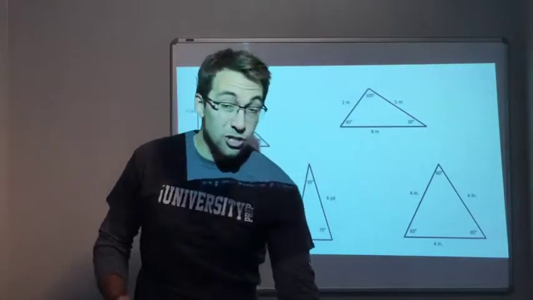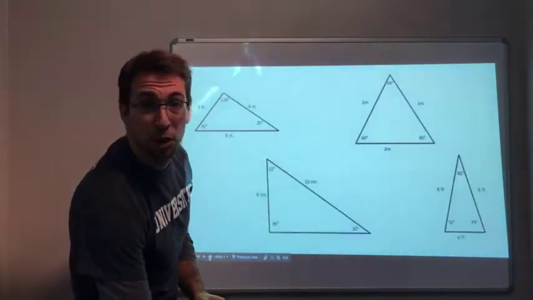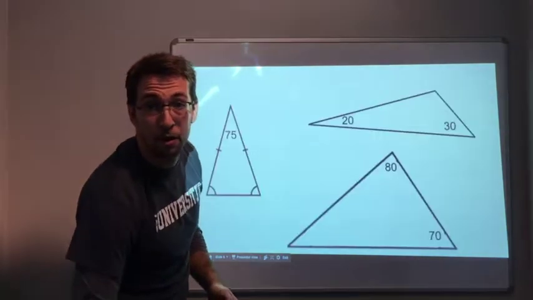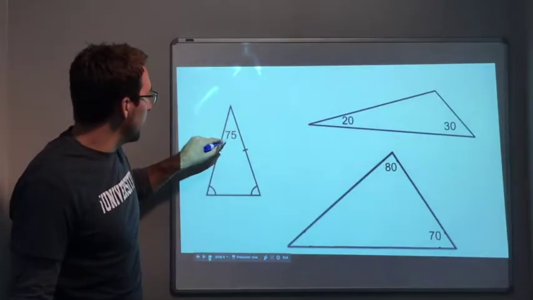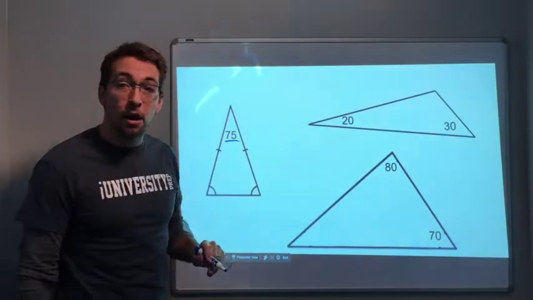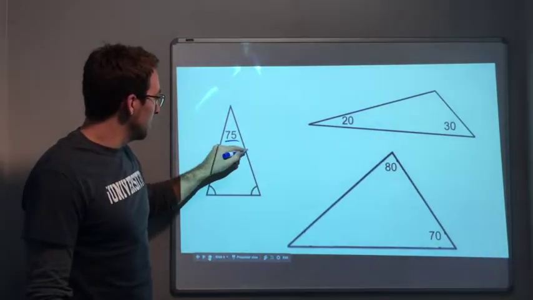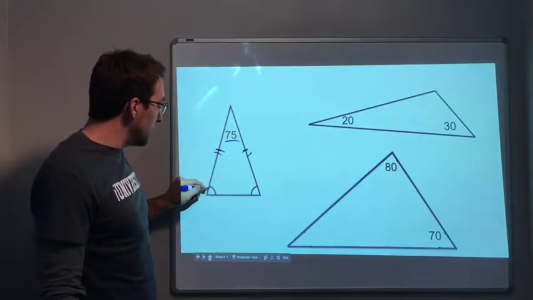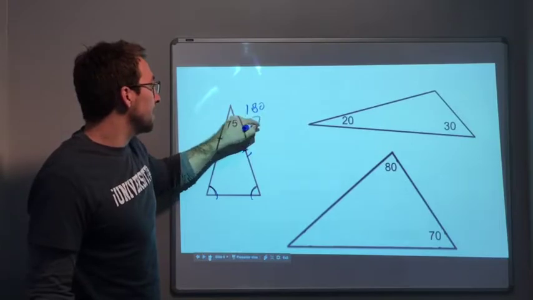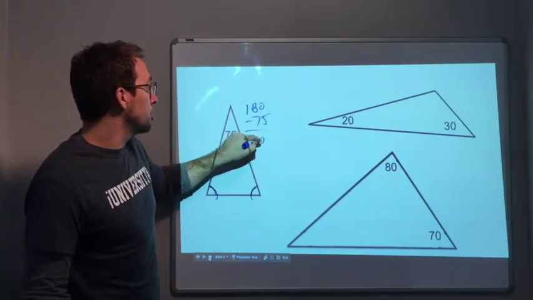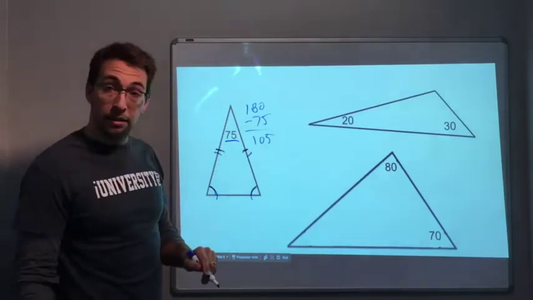So that's a cool thing when you have a math problem that gives you one angle, 75. Oh, but look, isosceles, that's equal. So that means these are equal angles. So 180 minus 75 is what? 105, correct?